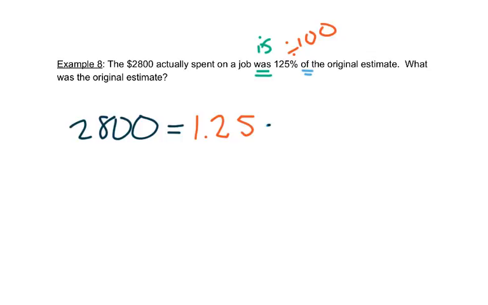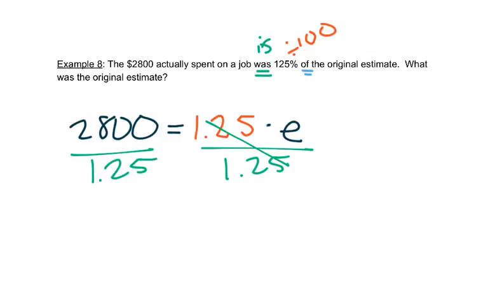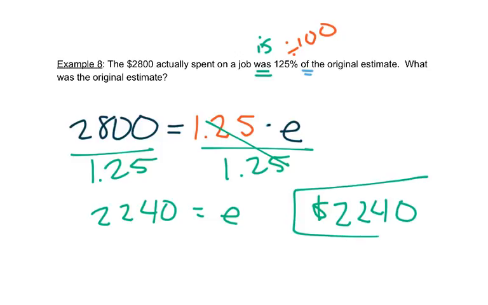Now this is what we don't know. The question says, what is the original estimate? So let's use E. We're going to divide both sides by 1.25. So we get 2,240 is equal to our estimate. Again, because of the context of this problem, this is money, so we need to put a dollar sign.